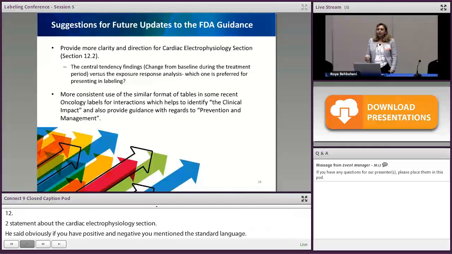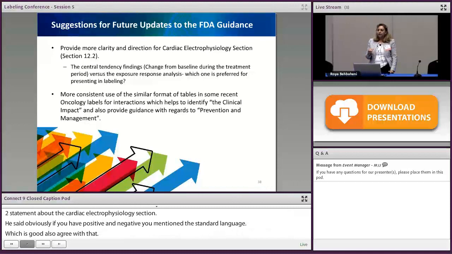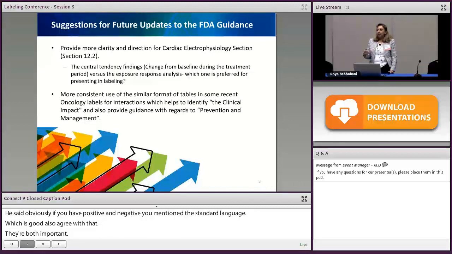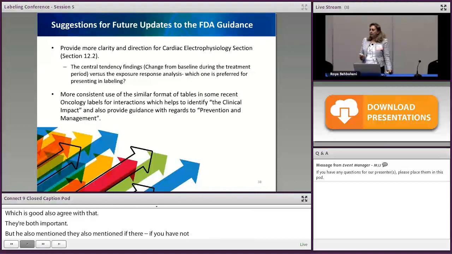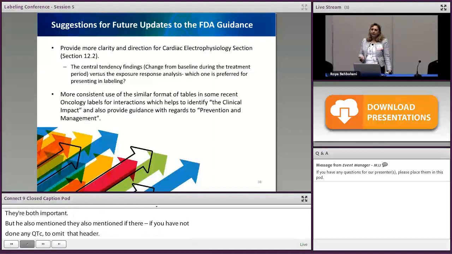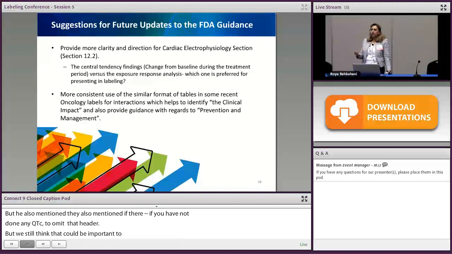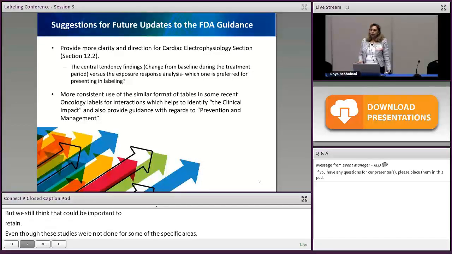But as he also mentioned, they say if you haven't done any QTc or QT prolongation studies, to omit that header. We still think it could be important to retain, even though the studies were not done for some of the therapeutic areas, for some of the patient populations you're dealing with, or where they're using co-meds, because you want to know that maybe they didn't do any QT prolongation studies. So maybe keeping that header could be useful.